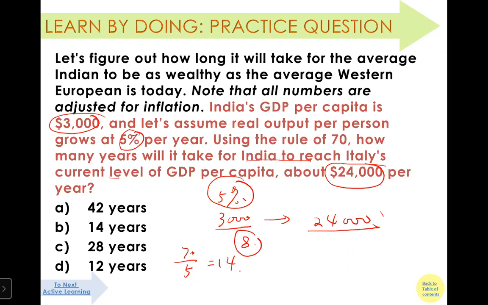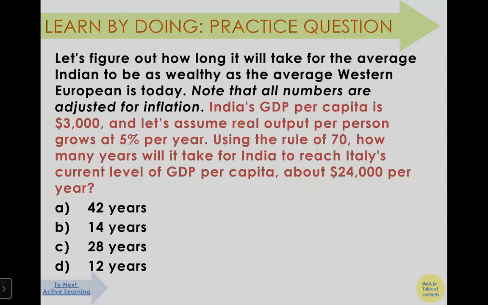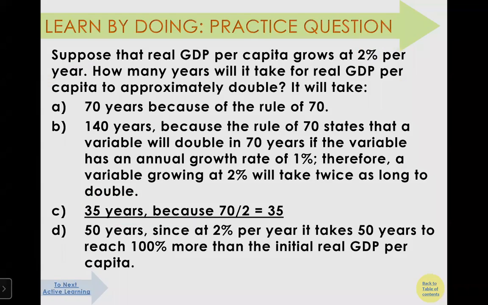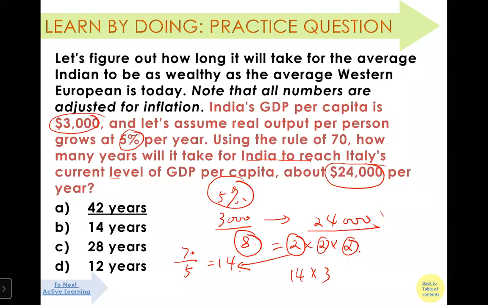But in order to grow your GDP per capita 8 times, you need to double 3 times. To double once takes 14 years, and then double 3 times, it's going to take 14 times 3. So the answer is 42.